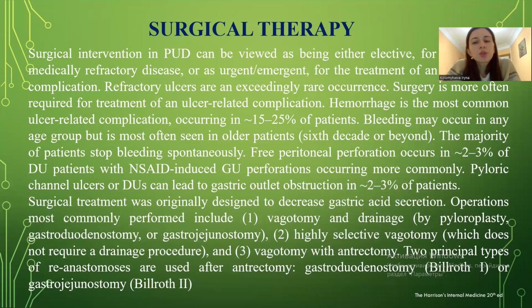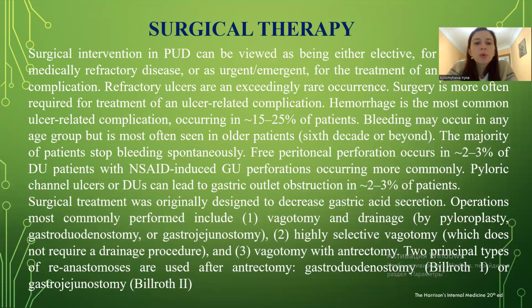Perforation occurs in 2–3% of duodenal ulcers, with anti-inflammation drug-induced gastric ulcer perforation occurring more commonly. Pyloric channel ulcer or duodenal ulcers can lead to gastric outlet obstruction in 2–3% of patients. Surgical treatment was originally designed to decrease gastric acid secretion.